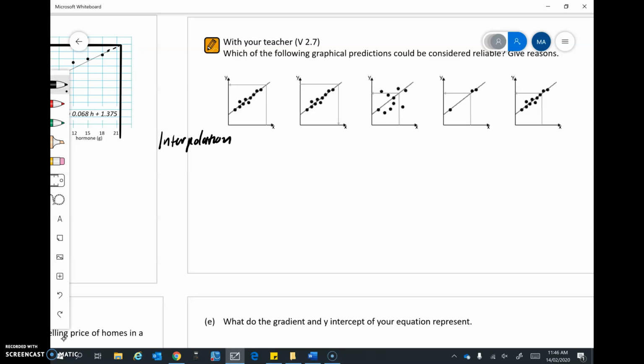By an interpolation, you can see that with this first example, there are some data points here. If we think about the range of the values for x, they go from the lowest in line with that data point there, up to here. Now this prediction is clearly outside the bounds of that data.